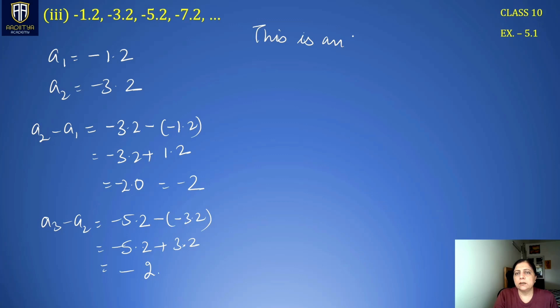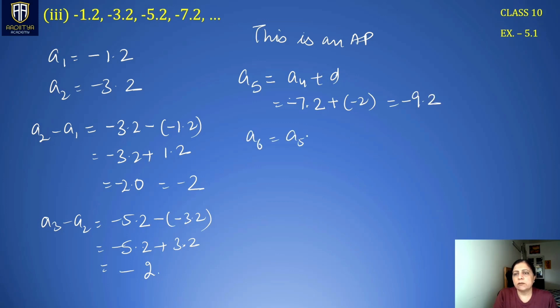This is an AP. So we have A1, A2, A3, A4. Next 3 terms. A5 is A4 plus D. Minus 7.2 plus minus 2. That is minus 9.2. A6 is A5 plus D. This is minus 9.2 plus minus 2.